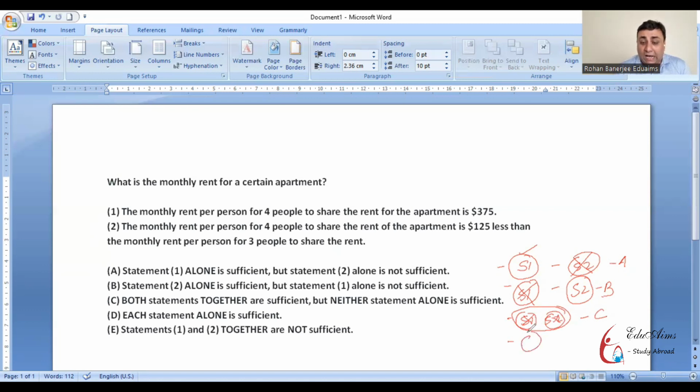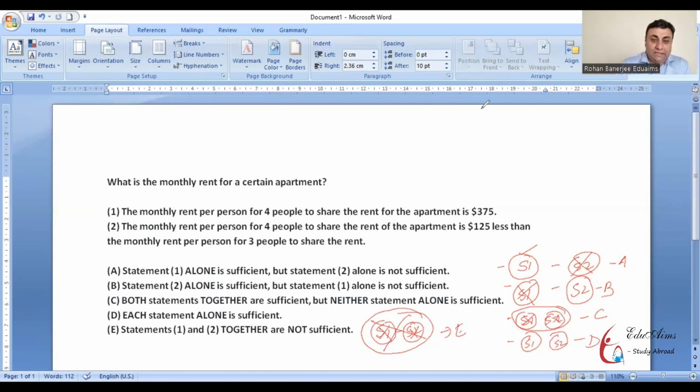So S1 alone can take you to the answer, and S2 alone can also take you to the answer. And E says that statement 1 and statement 2 together are not sufficient. So S1 and S2 alone cannot take you to the answer, and even together they cannot take you to the single definitive answer. So this is choice E.